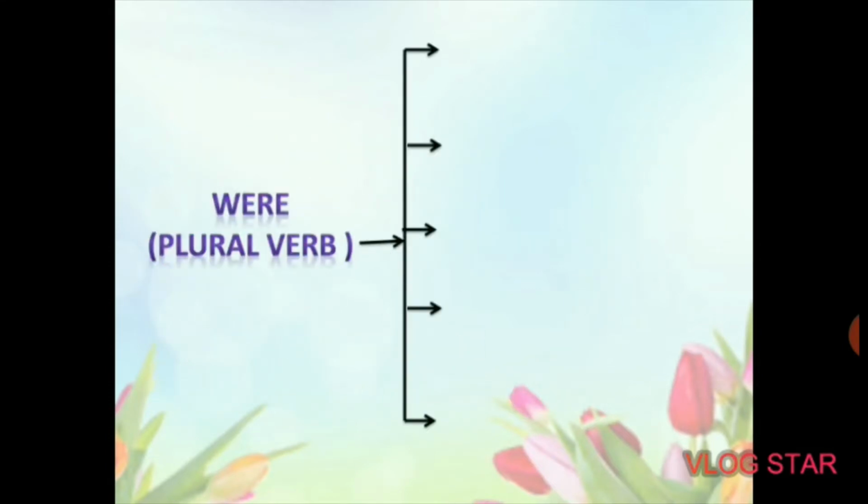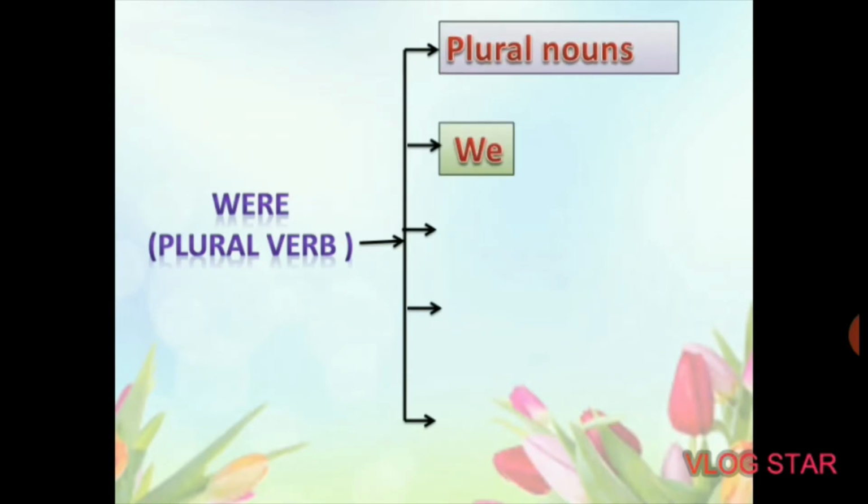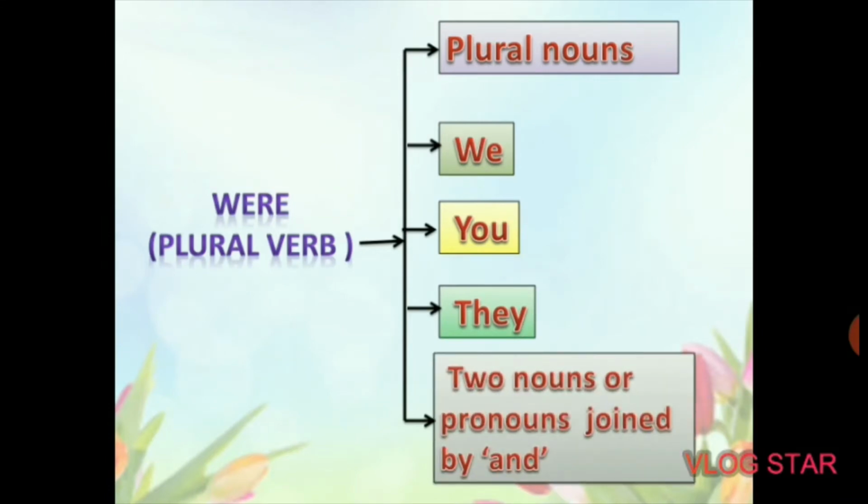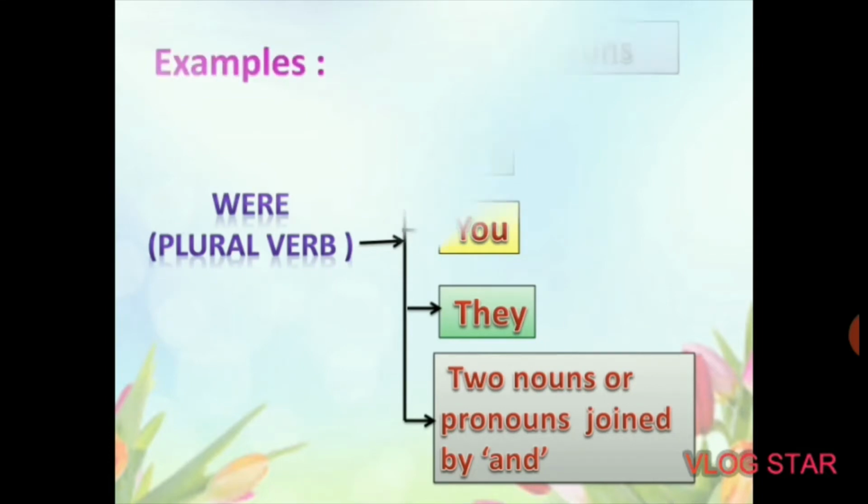Were. It is a plural verb and it is used with plural nouns and with the pronouns like we, you, they, and when two nouns or pronouns are joined by and, we use were. Now let's see the examples.